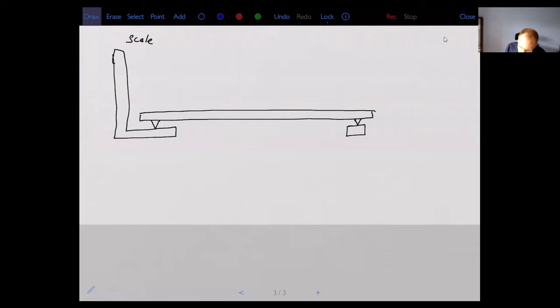And then the individual is going to lie down, something like this, where their feet are at the right knife edge. And then by measuring the force on the scale, the force that the scale reads when they're lying down like that, we're going to be able to estimate the position of their center of mass. Let's say their center of mass is right there, okay?